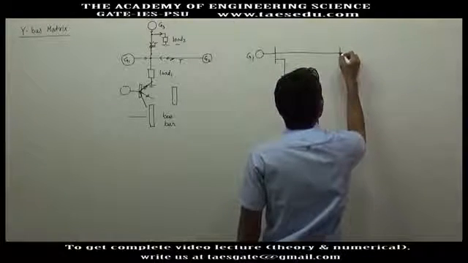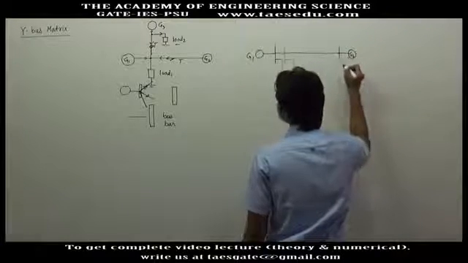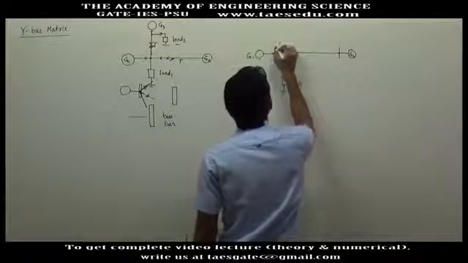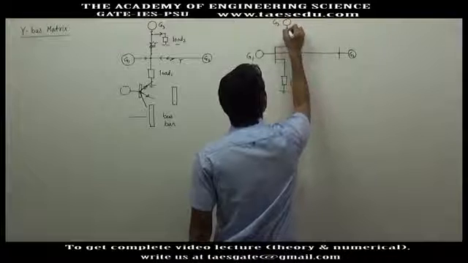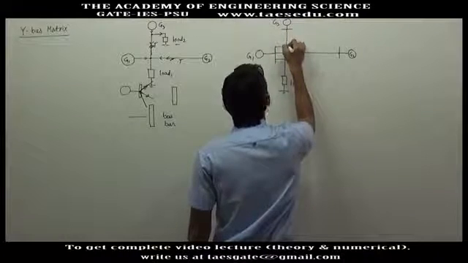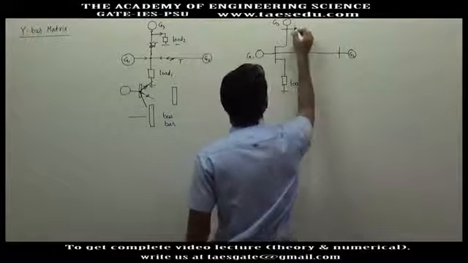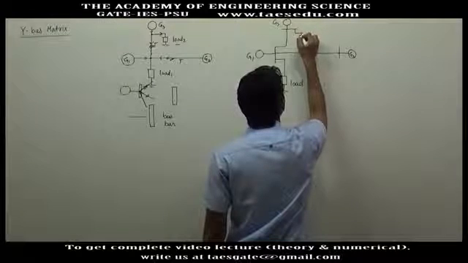This will be the bus of generator 2, then generator 3, the bus bar of generator 3, and at this terminal near generator 3 we have a load.